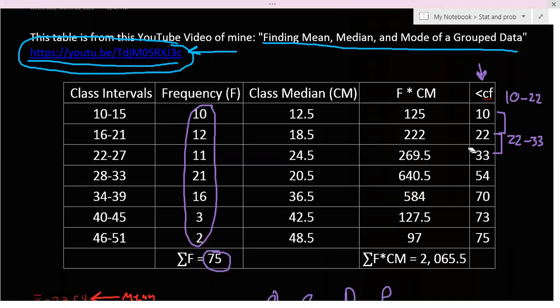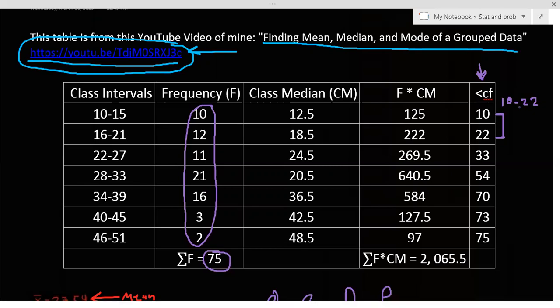18.75. Okay? So for me, pipiliin ko si 10 at saka si 22. Bakit? Kung kukunin mo yung range nito, from 10 to 22, pwede dyan si 11, 10.55, pwede dyan si 17.